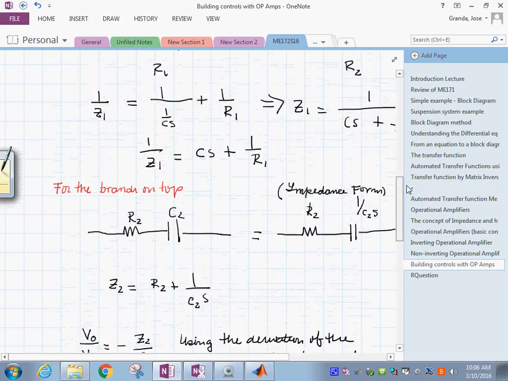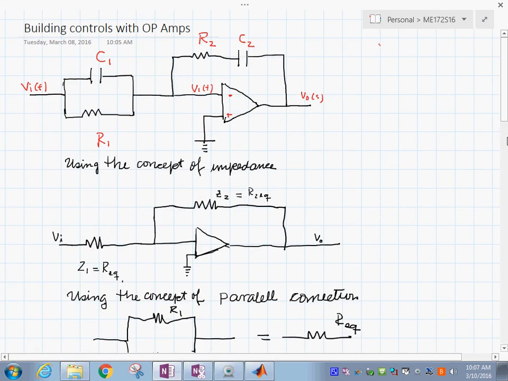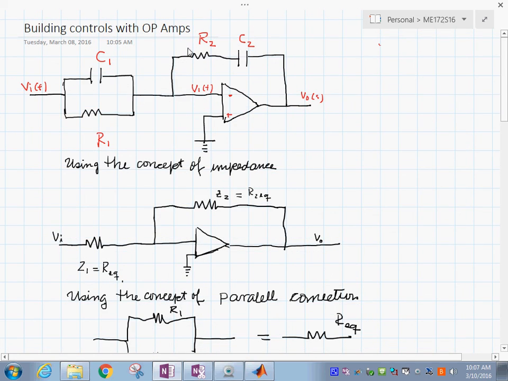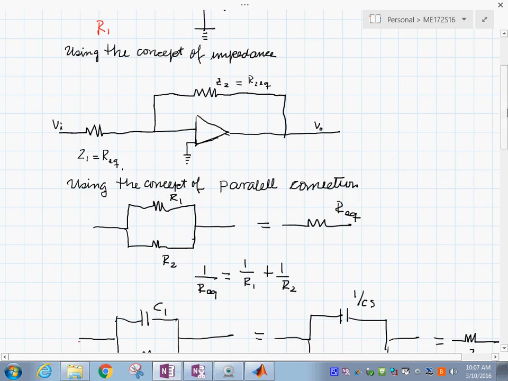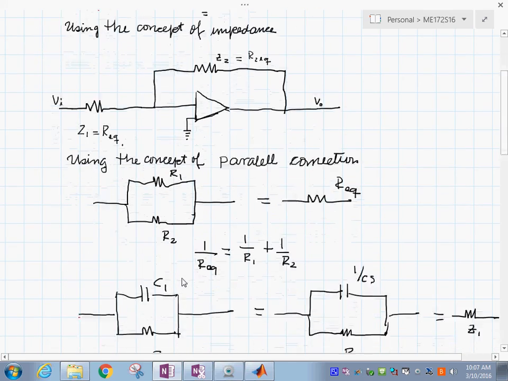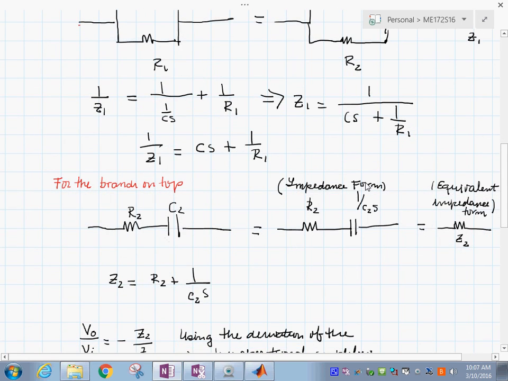Then using the previous derivation for an inverting operational amplifier, we knew that the output in relationship to the input was minus Z sub 2 over Z sub 1. And right here, if you put this into the computer program using the symbolic toolbox, we should be able to come up with this transfer function. So, if you build this circuit, you'll end up with this PID controller. See? And that's the whole idea behind doing these operational amplifier examples, because they are the basics of building controls.